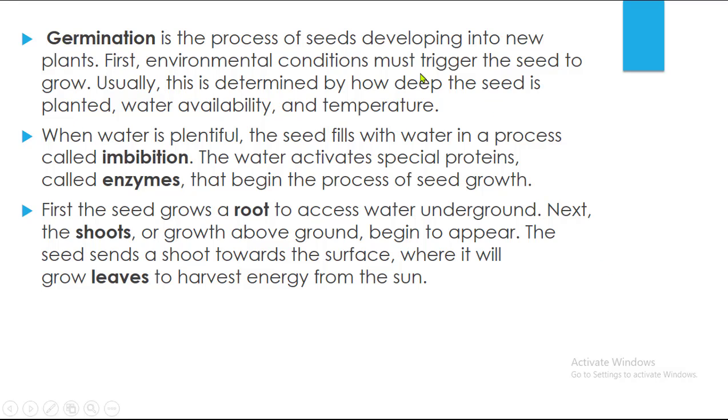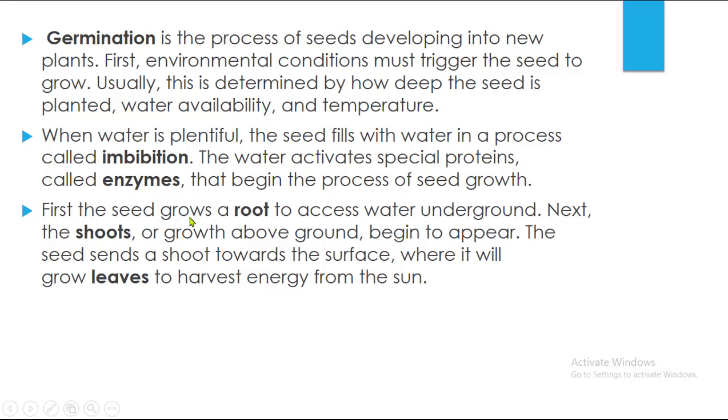First, environmental conditions must trigger the seed to grow. Usually it is determined by how deep the seed is planted, water availability and temperature. So how does it start? When water is plentiful, the seed fills with water in a process called imbibition. Imbibition is through the process of osmosis. The seeds are going to take water, and the water activates special enzymes that begin the process of seed growth.